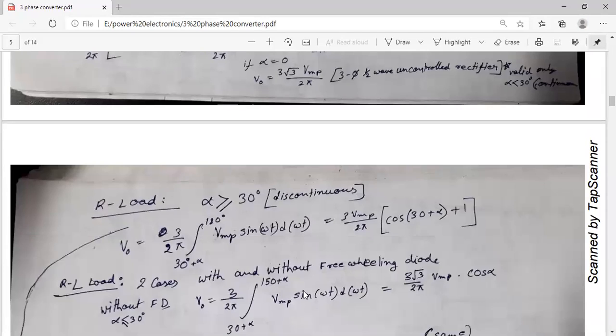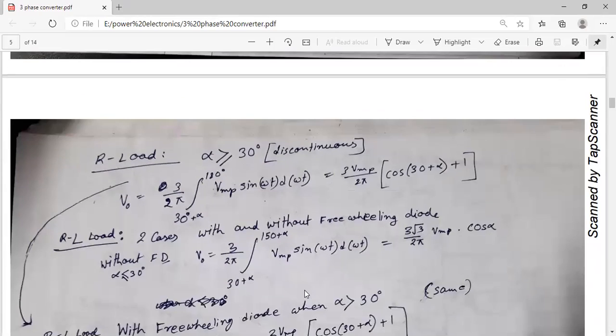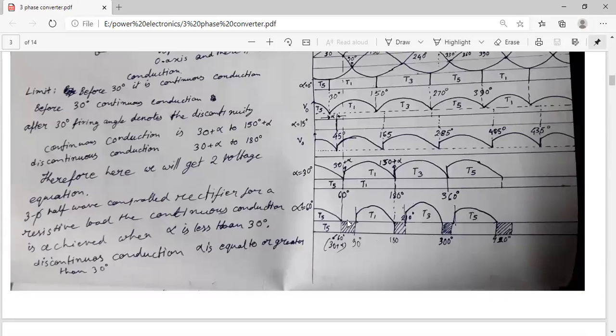Okay. Now when alpha is greater than 30 degree, then also V output will be equal to 3 by 2 pi, integrated from 30 degree plus alpha to 180 degree, because the conduction you can see in this case is from 30 plus alpha to 180 degree.